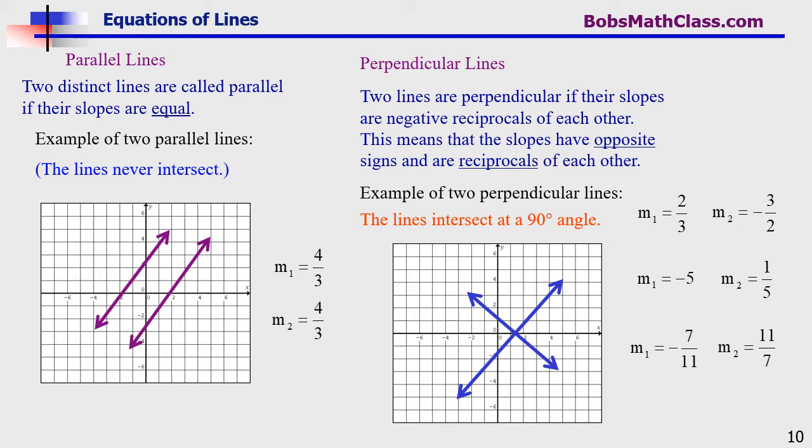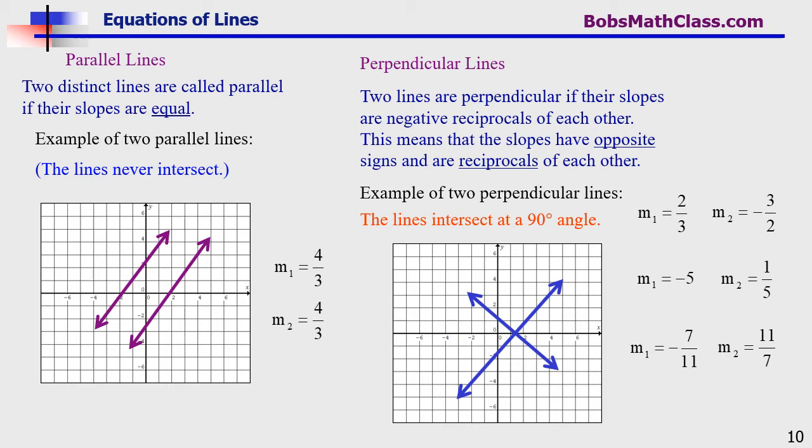One is positive and one is negative. And the reciprocal means that the numerator and denominator are swapped. They're reversed. You flip them. So here's a picture of two perpendicular lines. The lines intersect at a 90-degree angle.